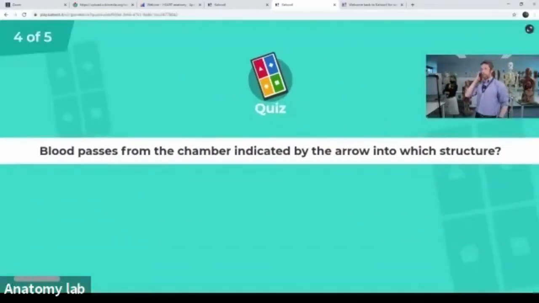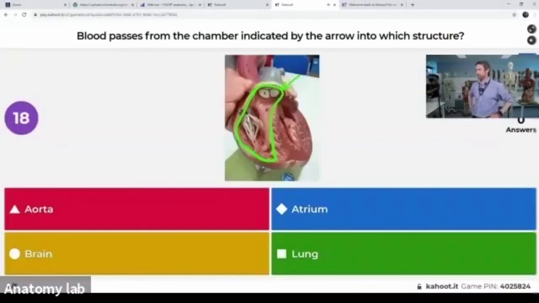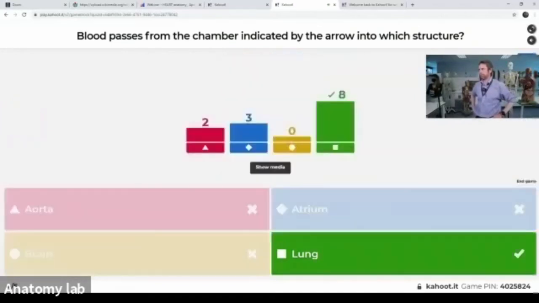4. Blood passes from the chamber indicated by the arrow into which structure? So that outlined chamber there. That's a tricky question. Yeah, very good.